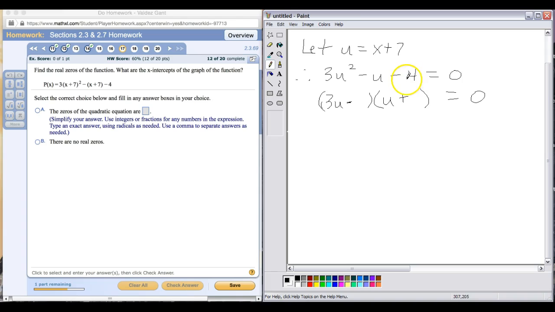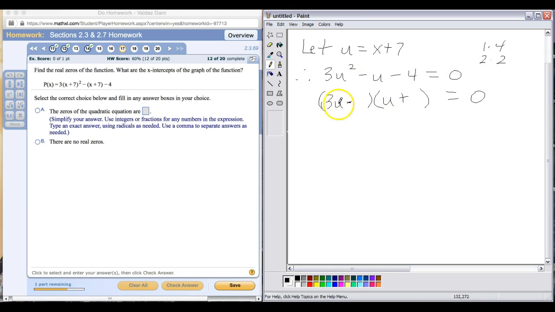And of course, for the factors of 4, I could use either 1 times 4 or 2 times 2. And so I'm going to elect to use 1 and 4 only because I see that the difference between the factors here needs to be a negative 1.